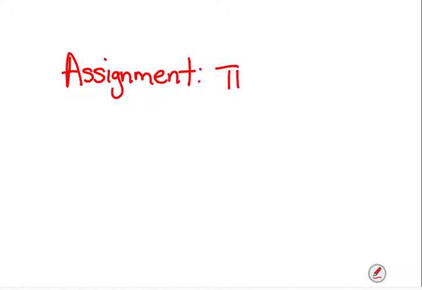Textbook. Page. I'm going to leave it there for just page 43, 1 through 17. Monday. Thank you.